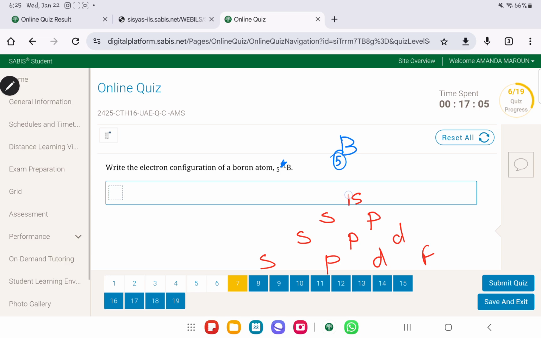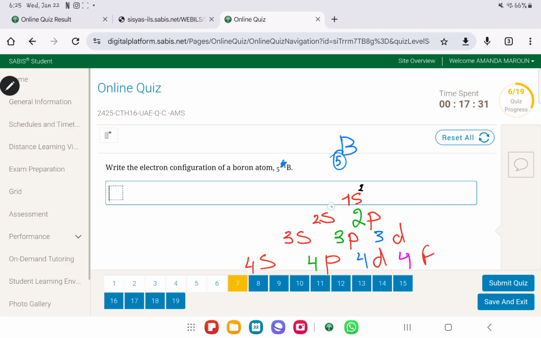So this becomes 1, 2, 3, 4. Now this one we start at 2, so 2, 3, 4. This one, we start at 3, so 3, 4, and this one is only at 4. Now S is always to the power of 2.